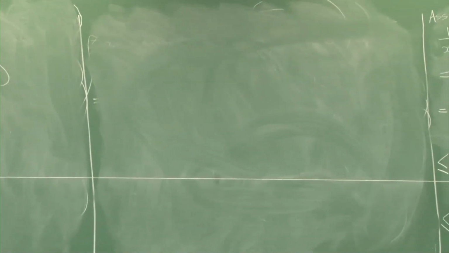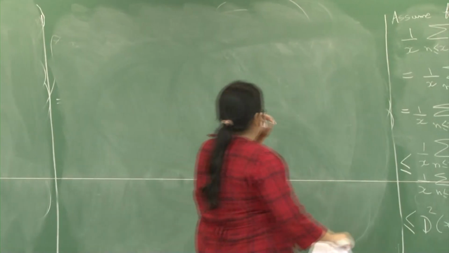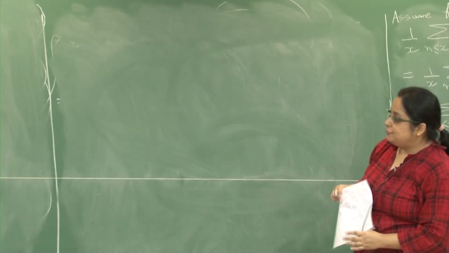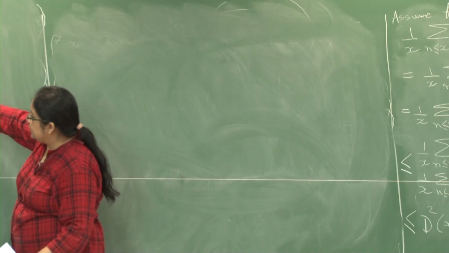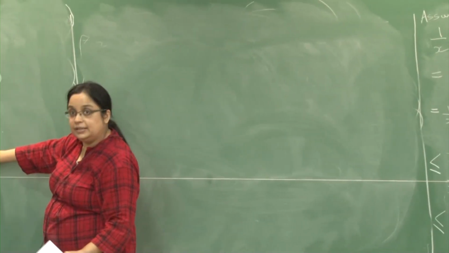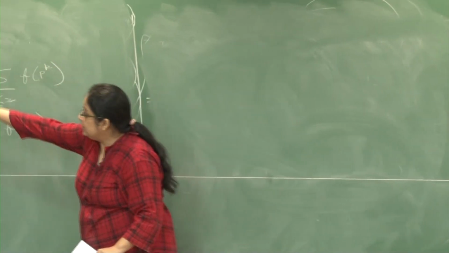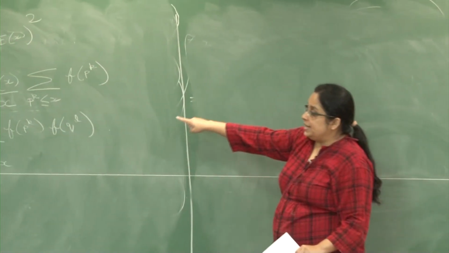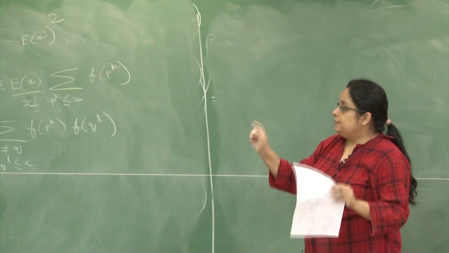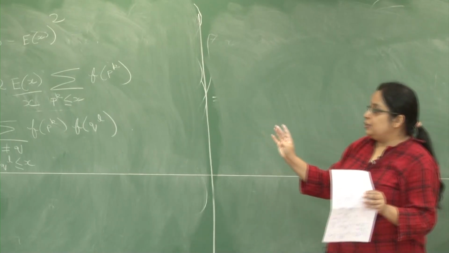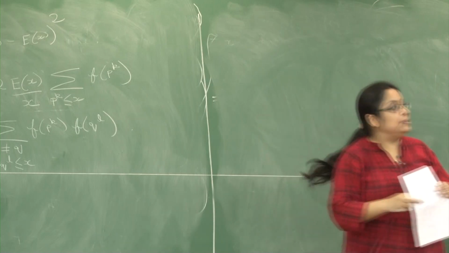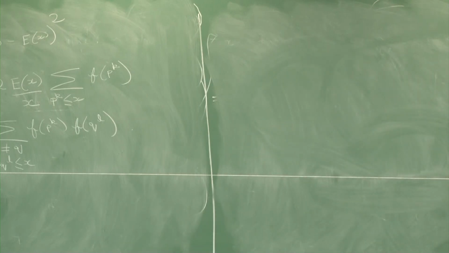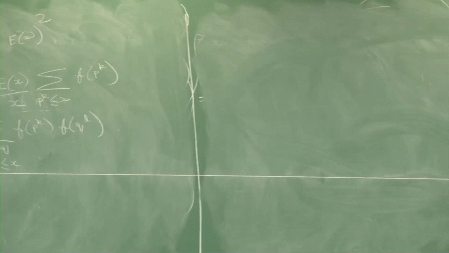Okay, so basically to finish the proof of Turan-Kubilius inequality, we have to do two more things. We have to apply Cauchy-Schwarz inequality to these terms here, so that this whole thing you will be able to write as less than or equal to some 2 plus epsilon prime of x times square of d of x. But remember, here we had made a fundamental assumption that your f is taking non-negative values.